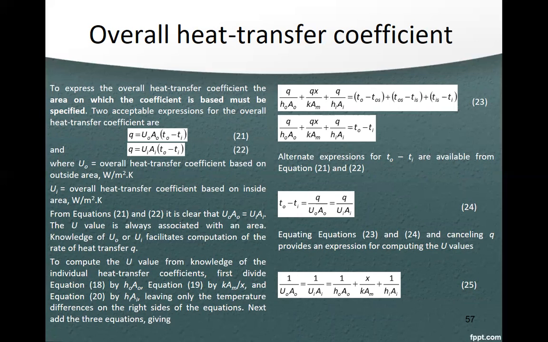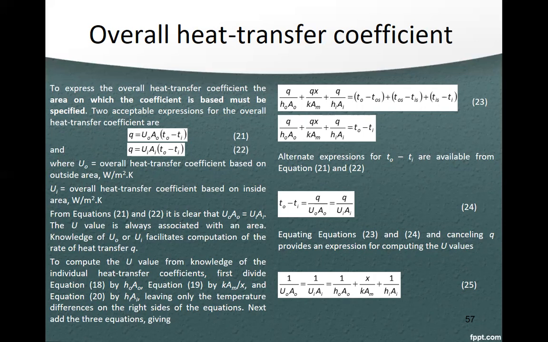U sub I is the overall heat transfer coefficient based on inside area, watts per meter square Kelvin. From equations 21 and 22, it is clear that U sub O A sub O is equal to U sub I A sub I. The U value is always associated with an area. Knowledge of U sub O or U sub I facilitates computation of the rate of heat transfer Q.